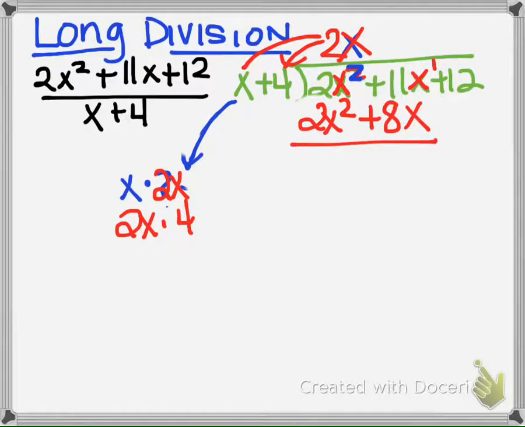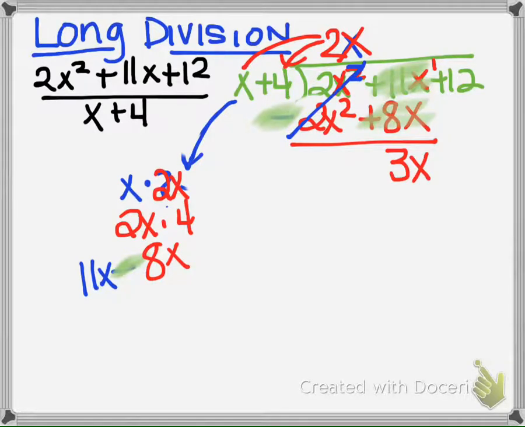Then the next thing, when we do long division, we subtract. 2x take away 2x is 0. And then here we have 11x minus, so 11x minus 8x. And 11x minus 8x is 3x.